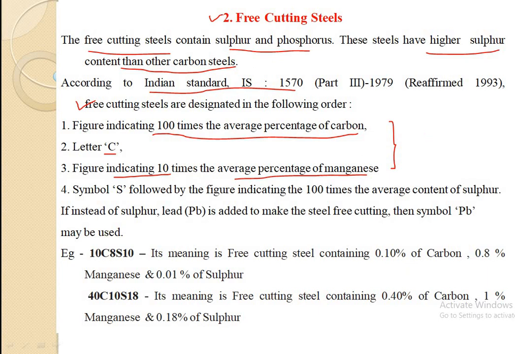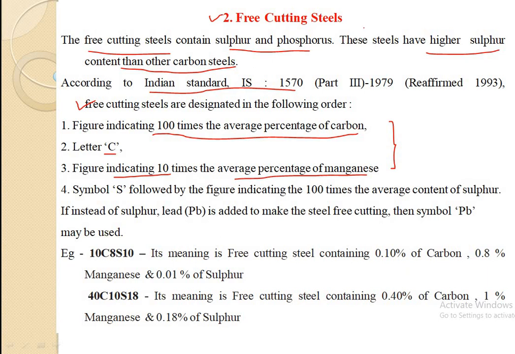Means the first number indicates 100 times the percentage of carbon content. This number is followed by a capital letter C, which stands for the element carbon. After C the number is 10, that number indicates 10 times the average percentage of manganese.